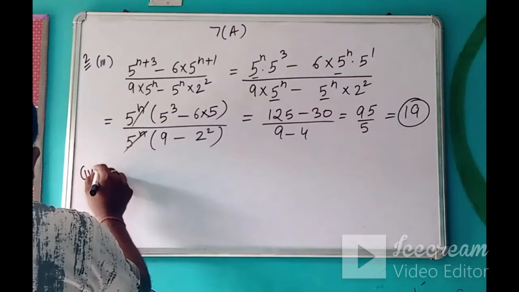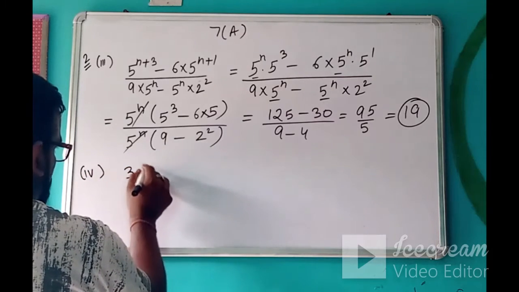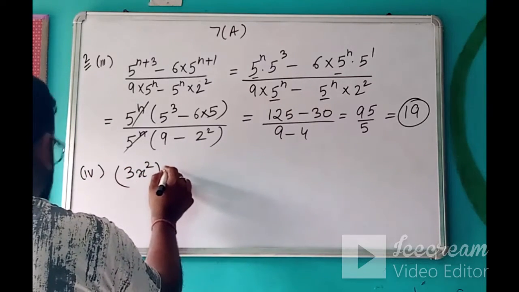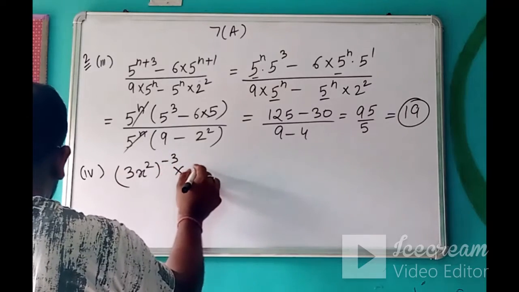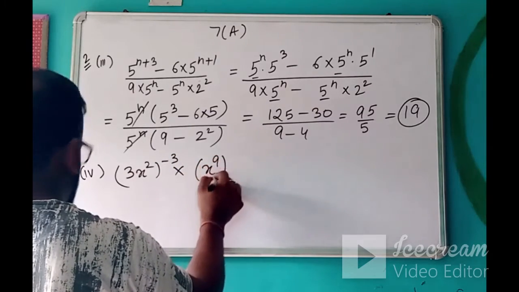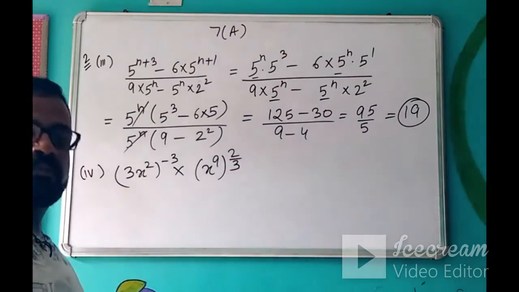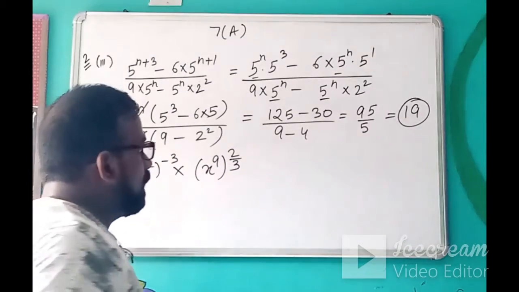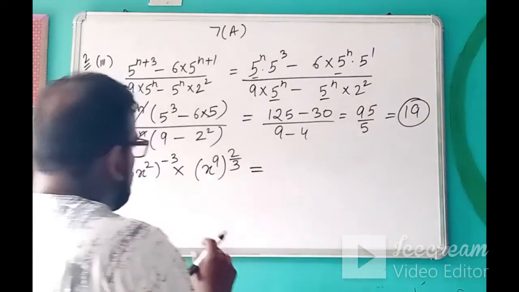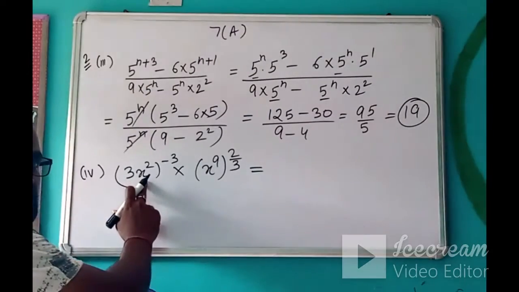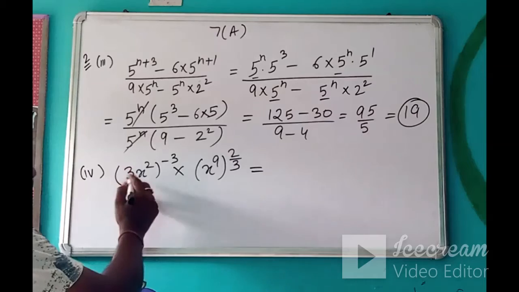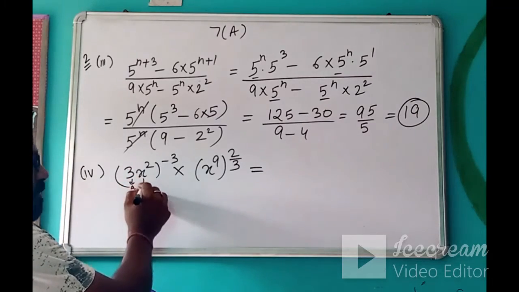Now suppose a question is like this: 3x square to the power minus 3 into x to the power 9 into 2 upon 3. Suppose we have to solve it. See, this is 3 into x square, so this is a, suppose this is b.